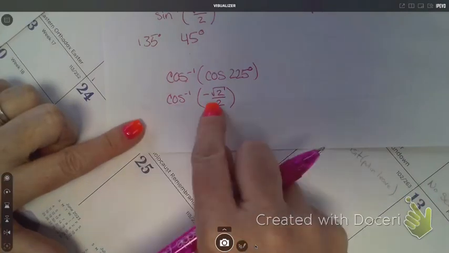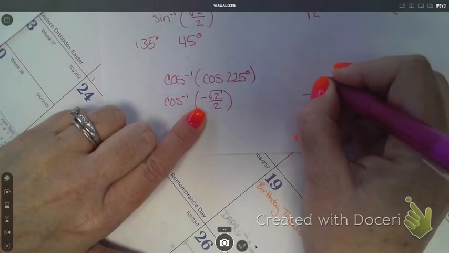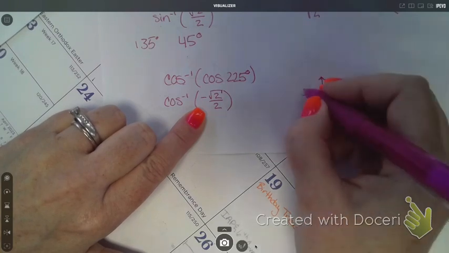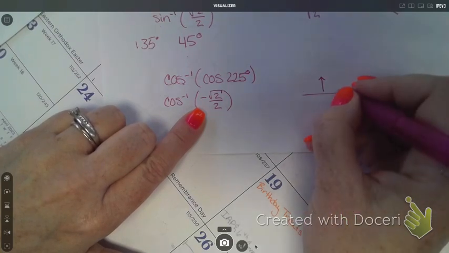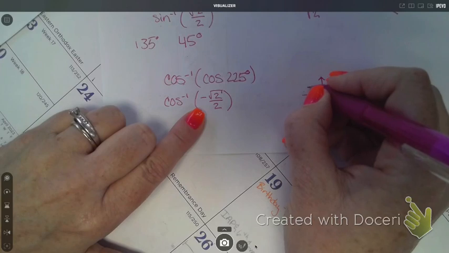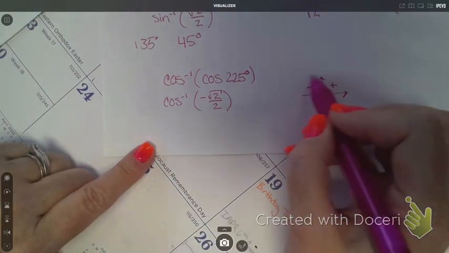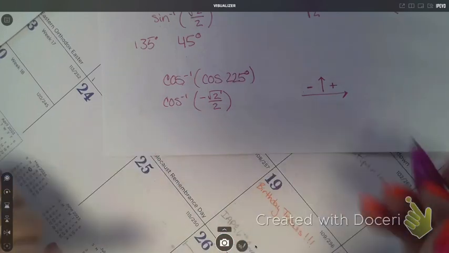So then where is cosine negative that it exists anymore? Because you only have quadrant 1 or 2, so where's it negative at? Quadrant 2, because everything's positive over there, right? So it's negative over here and positive over here. So what angle is over here that gives you square root of 2 over 2?